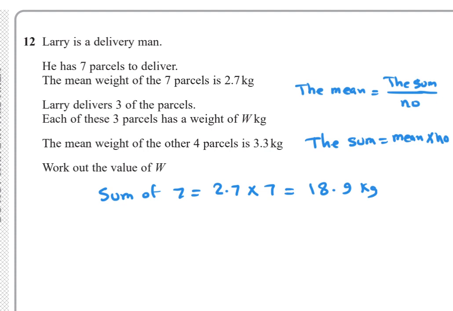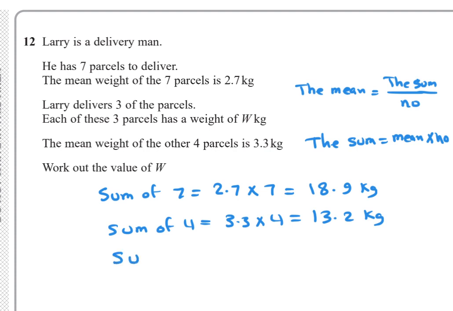And the sum of the other 4 parcels is 3.3 times 4 equals 13.2 kg. Now if we subtract the sum of 4 from the sum of 7, we get the sum of the 3 parcels.